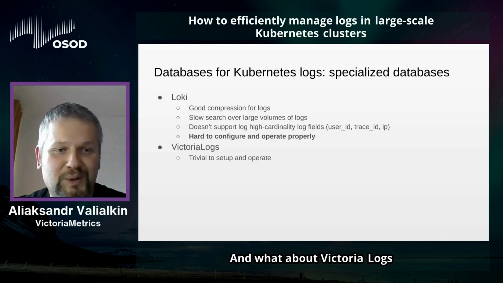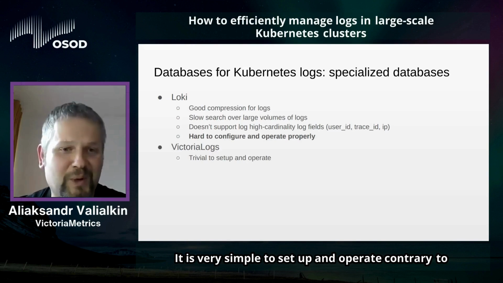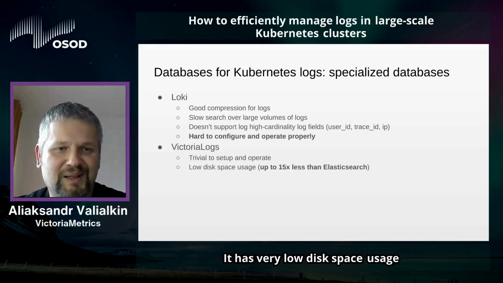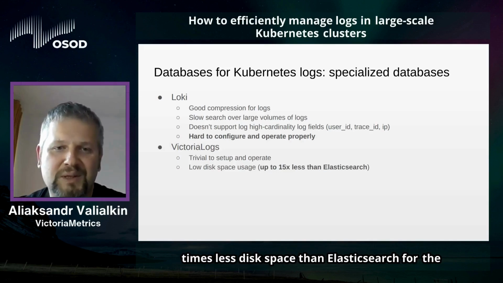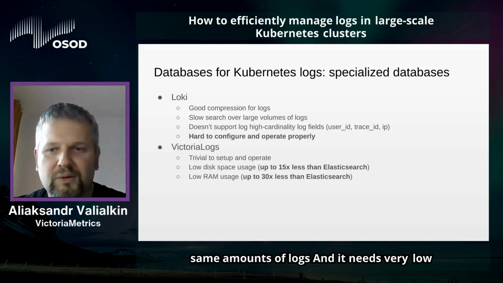And what about VictoriaLogs? It is very simple to set up and operate, contrary to other systems. It has very low disk space usage. Our performance tests show that it needs up to 15 times less disk space than Elasticsearch for the same amounts of logs. And it needs very low memory.